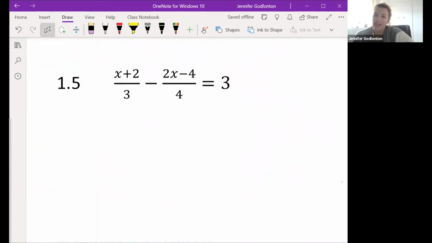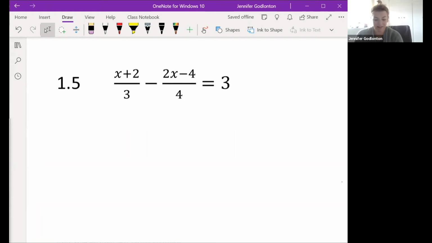Okay. I want to know what x is. This is a fraction equation. Think about what you have to do. Do not fall for the traps that have been set for you. I'm telling you right now that they are traps. Do not fall for them. Just go through it slowly.